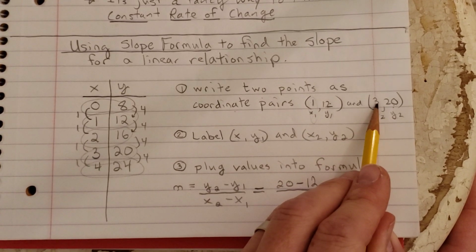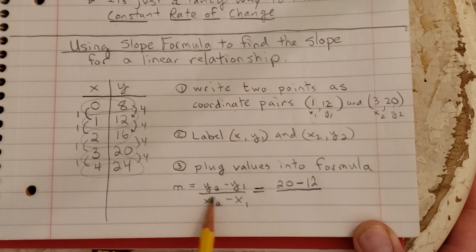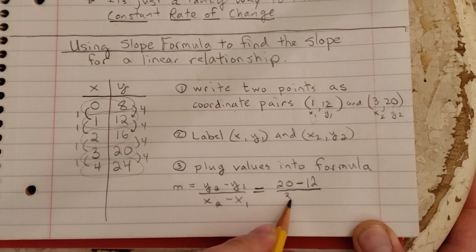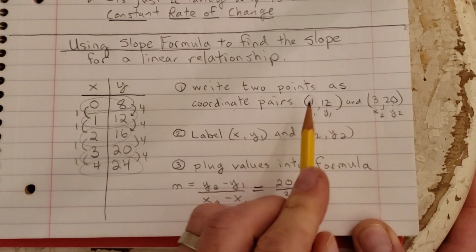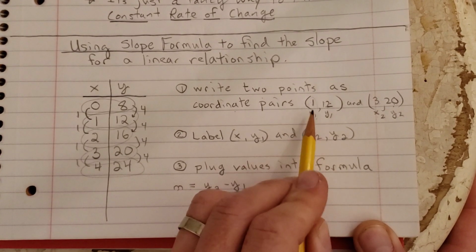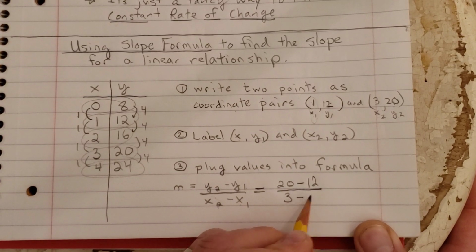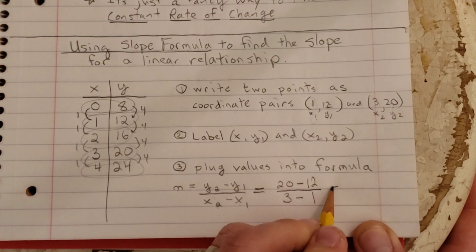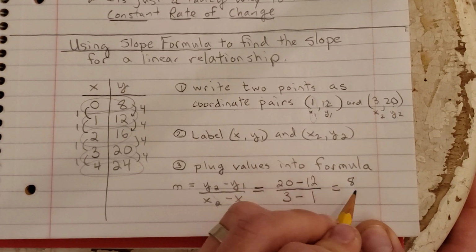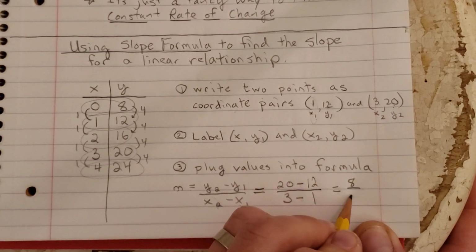So we're looking for x squared in our formula. It's not x squared, sorry, x2. So we go find x2 here, and that's a 3. Now, because the formula says x1, we're going to find x1, what we labeled, and it's a 1. So now, 20 minus 12, we're going to simplify and get 8. 3 minus 1 is 2.